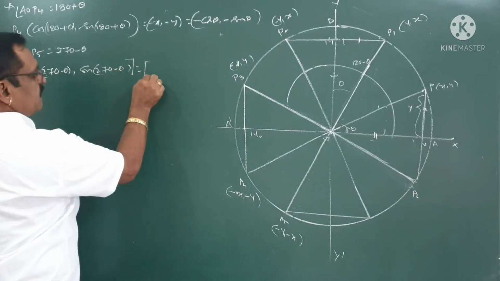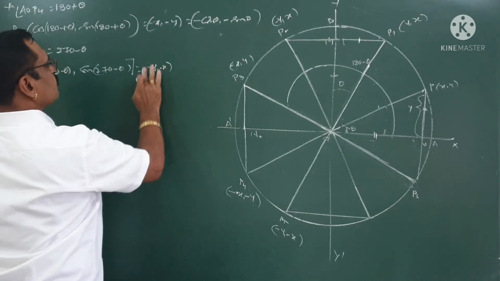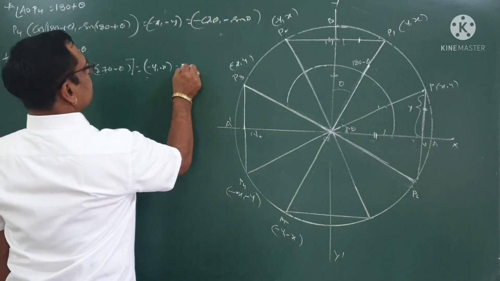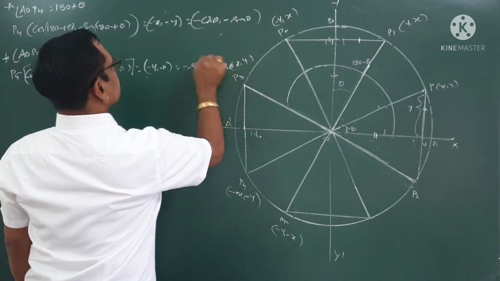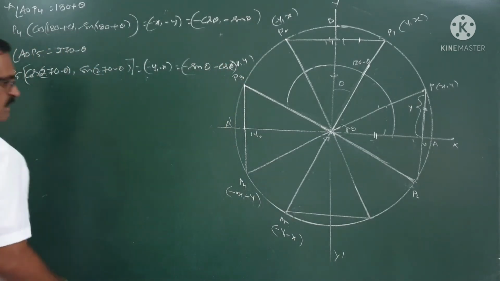Based on the congruency, I get minus y comma minus x, which is minus sin theta and minus cos theta.